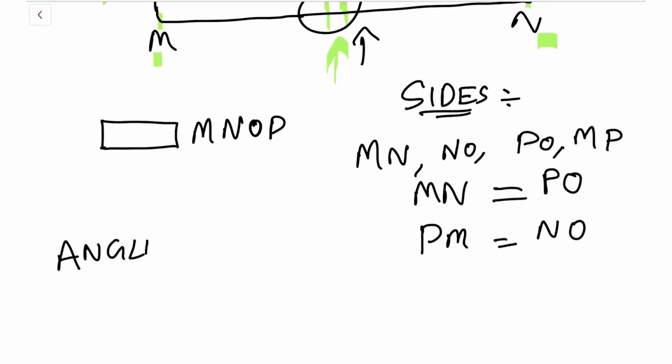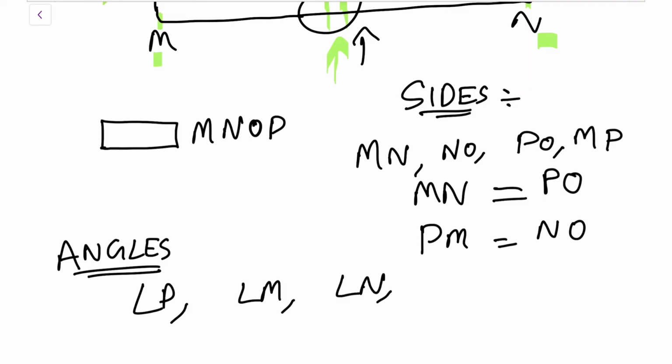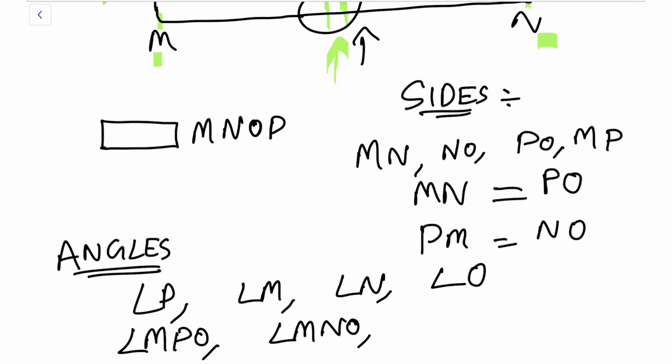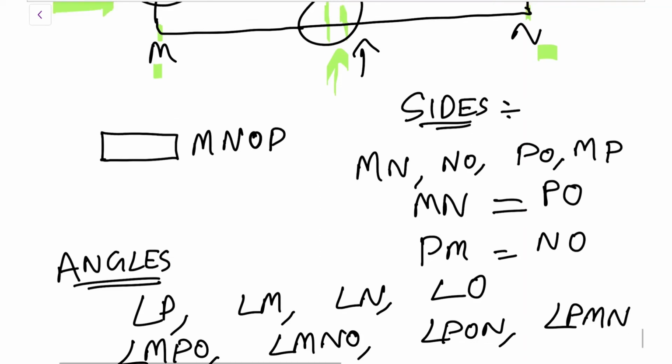What about the angles in the rectangle? As we know, there are four angles that are formed: angle P, angle M, angle N, and angle O. Or you can also write them as angle MPO, angle MNO, angle PON, angle PMN. Notice all the vertices are at the corners.